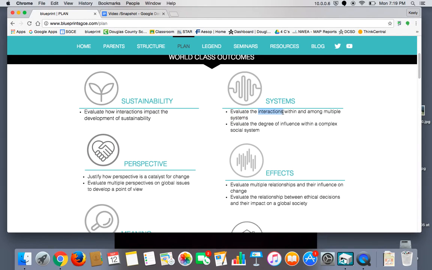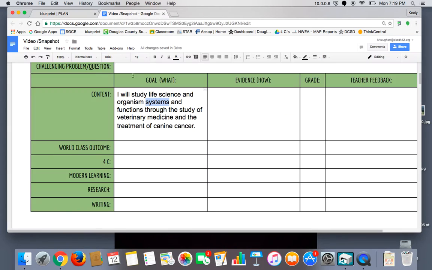I know that interactions is when we have a result of two things working together. And I know that systems are about how things work together. If I'm looking at my content, I can see that I'm trying to decide how veterinary medicine and the treatment of cancer specifically affects dogs.